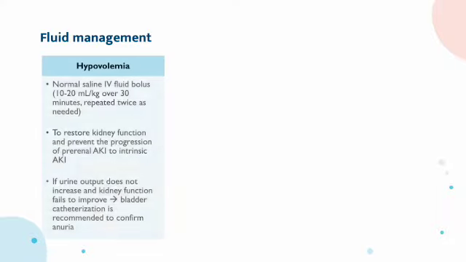In hypovolemia, normal saline IV fluid bolus 10 to 20 ml per kg over 30 minutes should be given, repeated twice as needed, in an attempt to restore kidney function and prevent the progression of pre-renal AKI to intrinsic AKI. If urine output does not increase and kidney function fails to improve, bladder catheterization is recommended to confirm anuria.